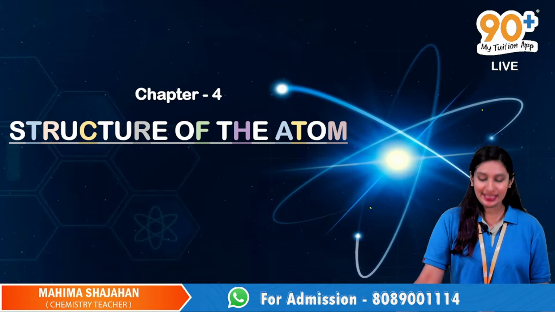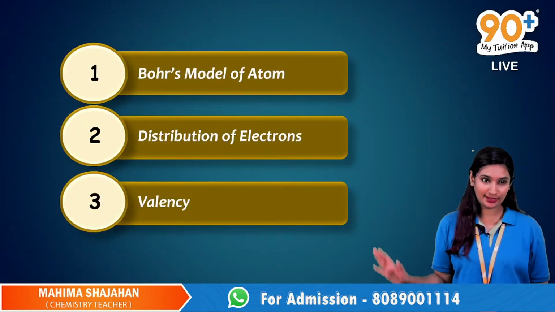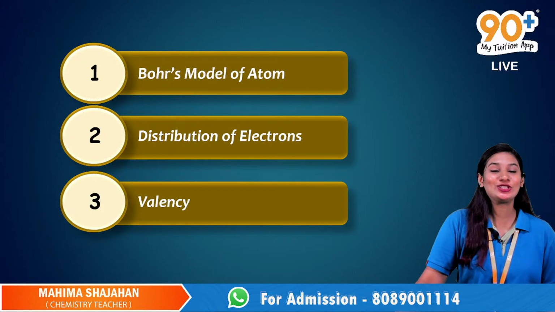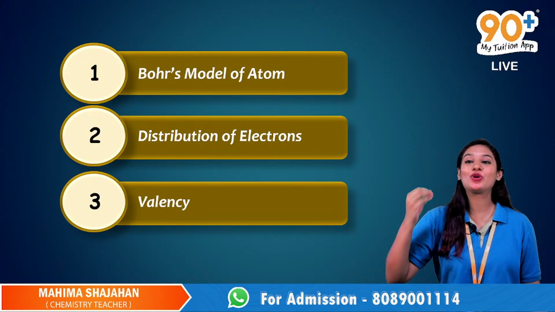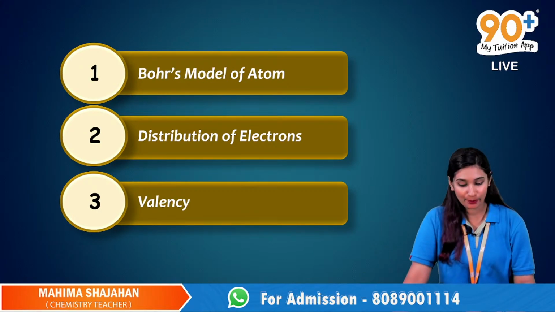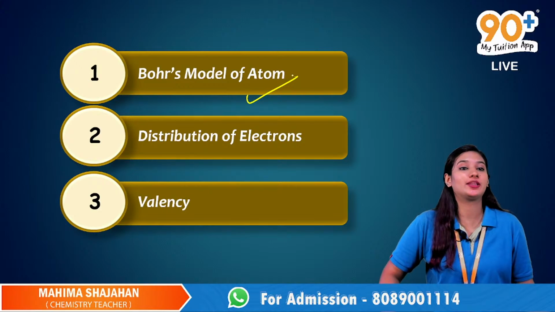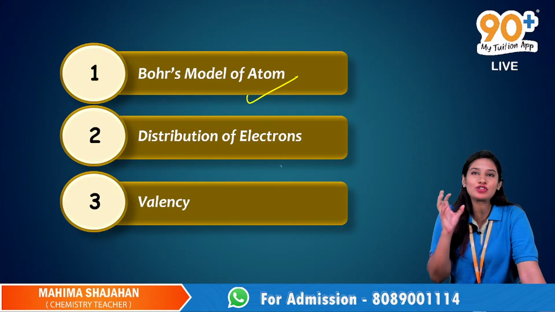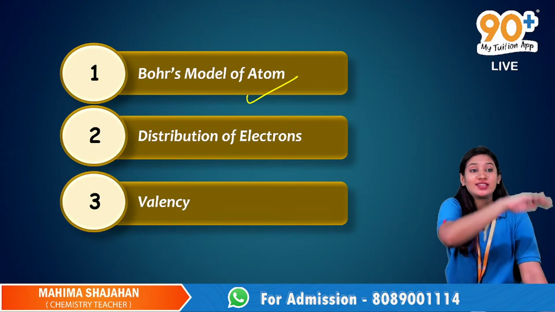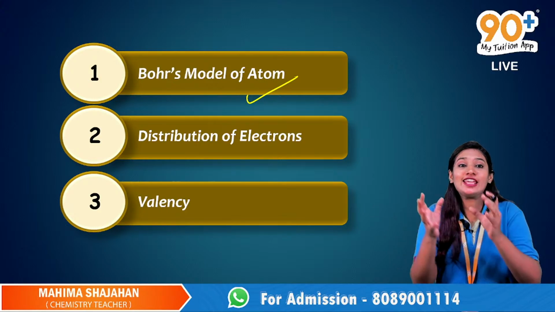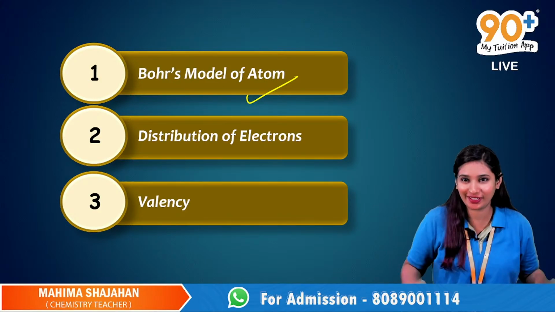So in today's session, we are going to study Bohr's model of an atom. Then we learn how these electrons are distributed inside an atom, how the electrons are arranged.